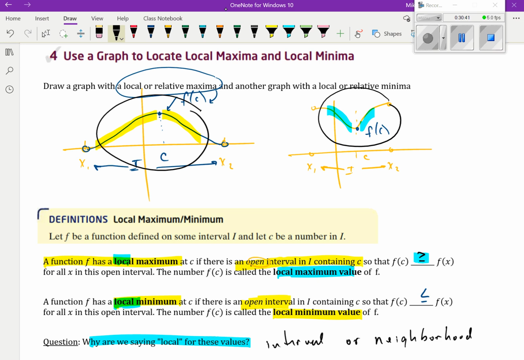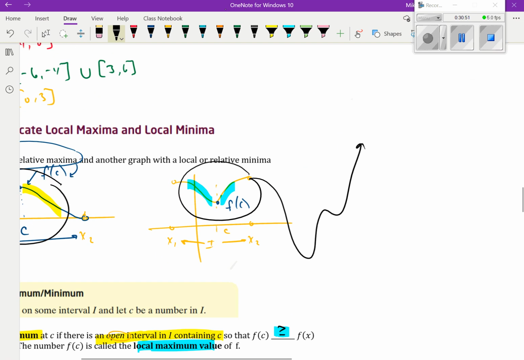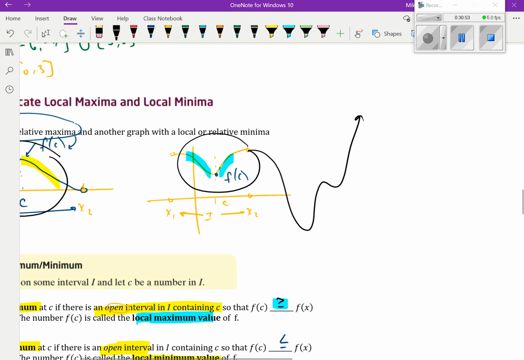What if, however, I did some other items along the way? If I did something like this, f of c is not the smallest height on the graph. If I'm looking over through here, f of c is not the smallest. This point here is a local spot where I'm smallest.